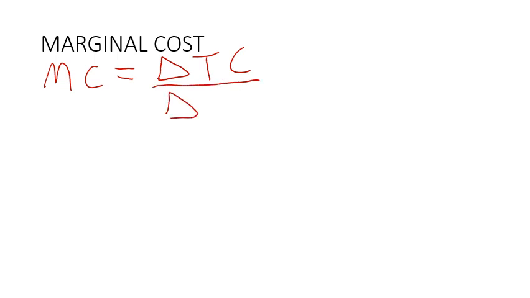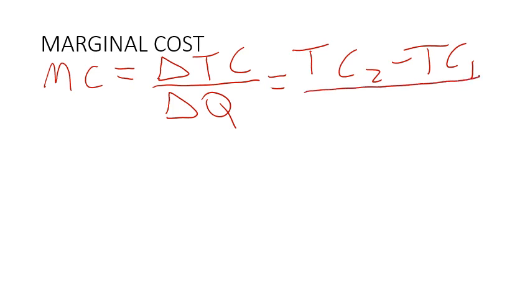There are two ways to define marginal cost. This is the first one. Marginal cost is equal to the change in total cost divided by the change in quantity. Another way put, TC2 minus TC1 divided by Q2 minus Q1.